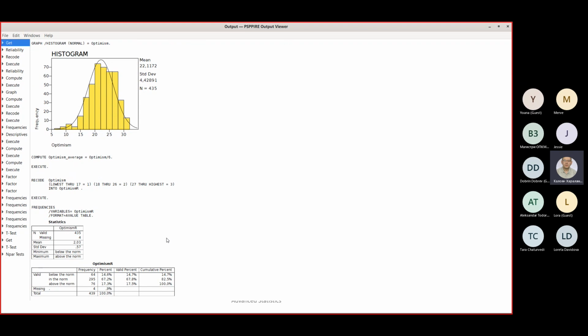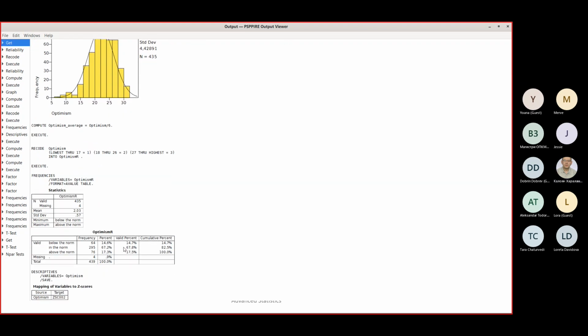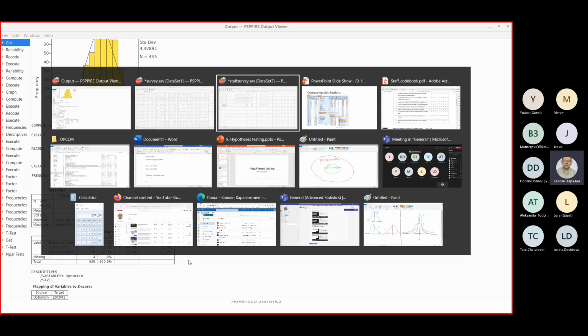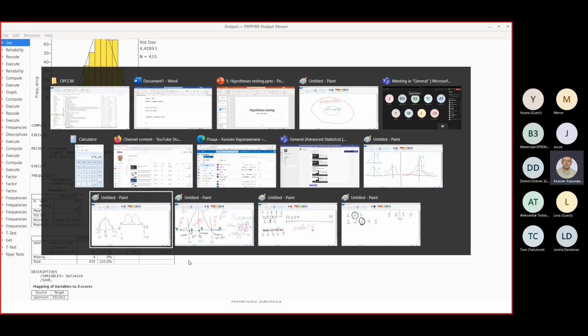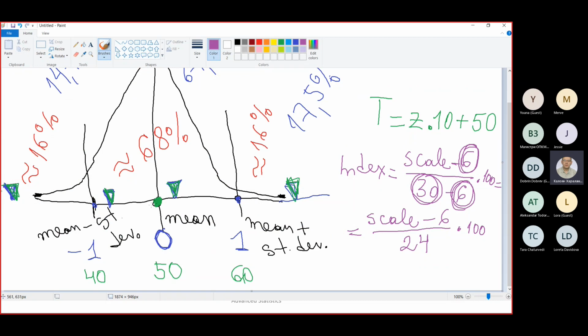After that, here we calculated percentages. Below the norm, 14.7%, in the norm, 67.8%, and above the norm, 17.5%, and compare these percentages with percentages of normal distribution here.